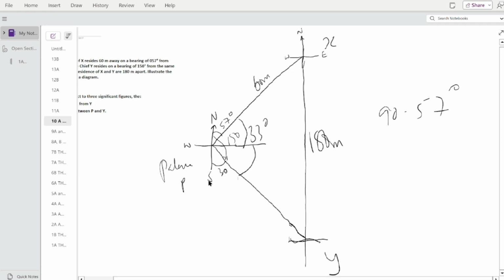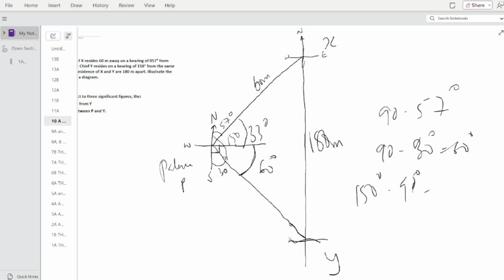Knowing that this angle is 90 and this is 30, the rest will be 90 minus 30, which gives you 60 degrees. So this left angle is 60 degrees. We can also use the 150 to calculate it. Traveling 150, you've traveled 90, then the rest will be 150 degrees minus 90 degrees. It will also give you 60. That means either way, this angle is 60.